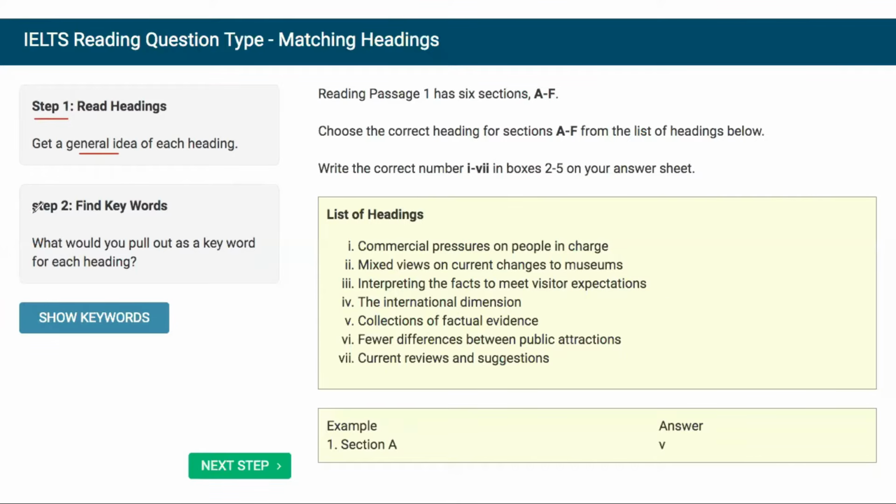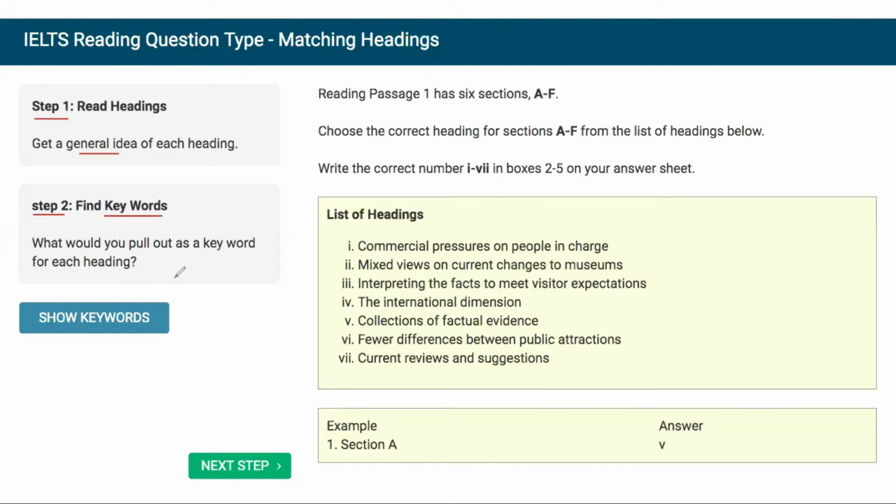Okay, now step 2, we want to find keywords. So ask yourself this question: what would you pull out as a keyword for each heading? Why are we doing this step? We're basically doing this step to get a better idea of each heading and what it's about, and this will help us when we approach the passage.